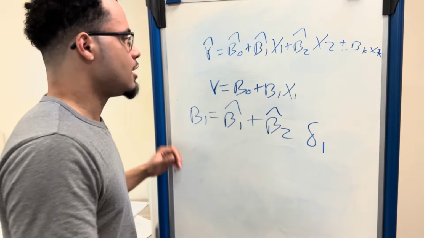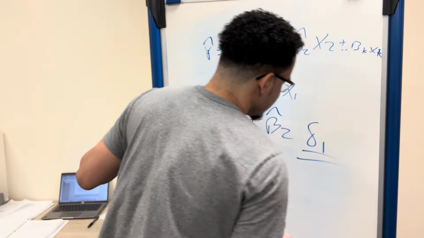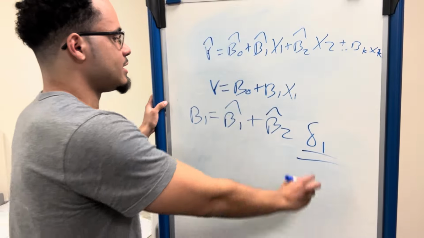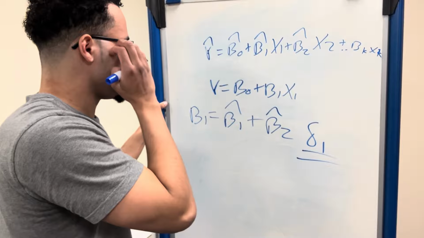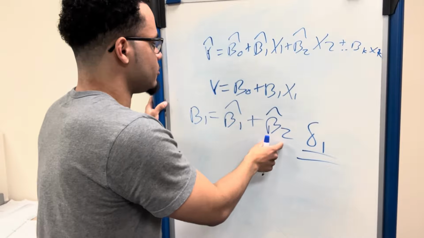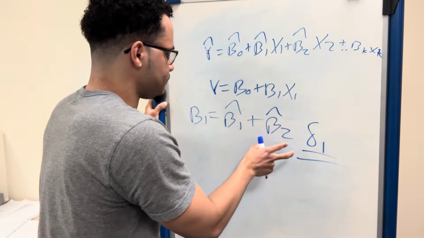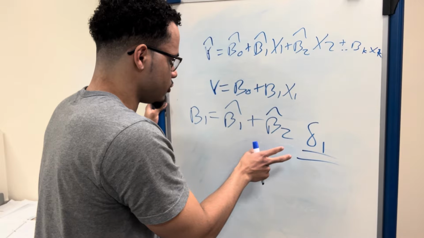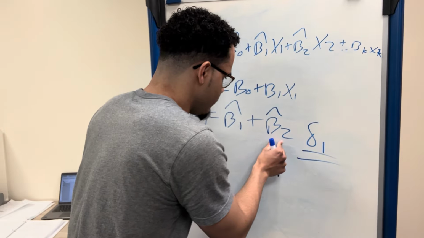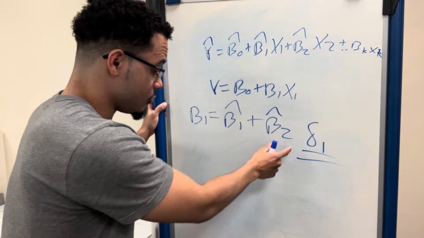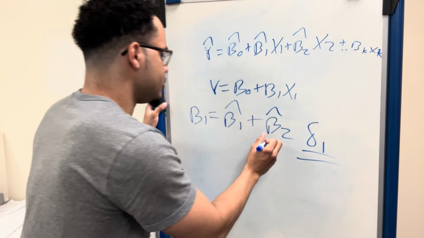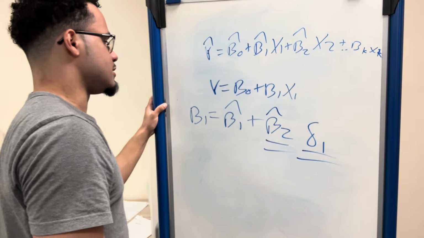That is encapsulated by this delta 1 parameter. And we want to compare that with the true effect of beta 2, the true effect of x2 on y, which is represented by this.